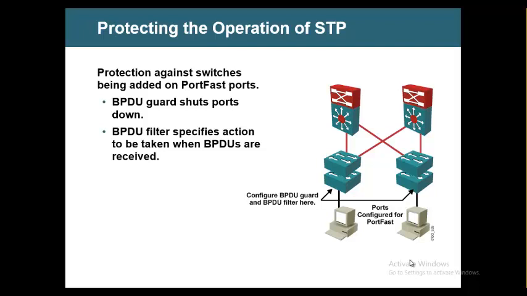If STP is confused, then loop will be there. That's what the attacker wants. He wants your network to go down. Some attackers want to steal data, some attackers want to simply spoil our network. So this attacker's intention is to spoil our network.